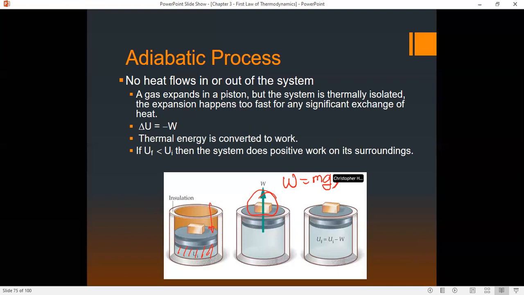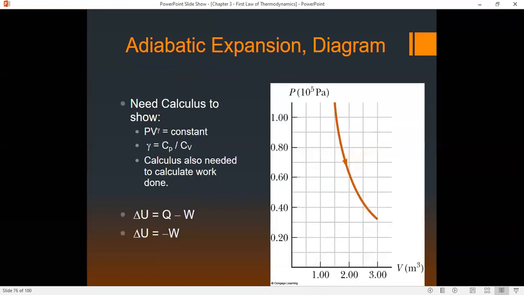Where did that energy come from? It came at the expense of the internal energy. This gas is cooling off because it's doing work on the outside environment.